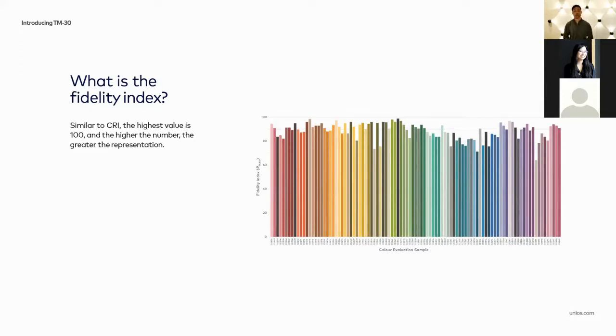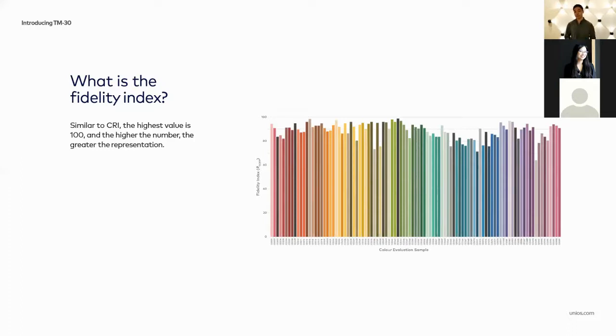So what is the Fidelity Index? Both the Fidelity Index and the Gamut Index are average values, and the key word there is average. And it's similar to CRI. The highest value is 100, and 100 being the best representation of a reference illuminant that represents outside or daylight.